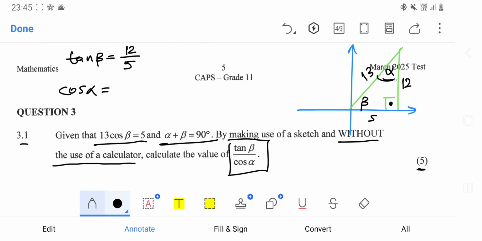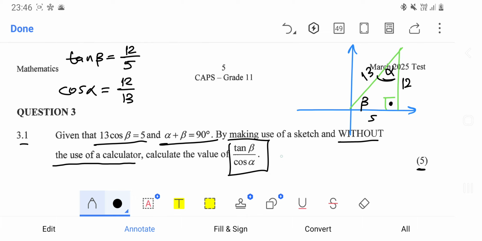Alpha is the angle at the top there, and α plus β gives 90 degrees. Cos of an angle is the adjacent side divided by the hypotenuse, which is always opposite to the 90-degree angle. So the adjacent side to α is 12, divided by the hypotenuse, 13.